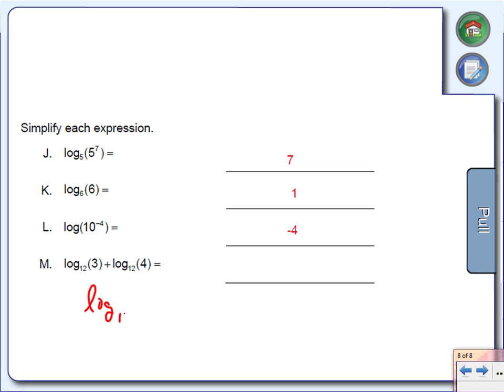And if I multiply that 3 and the 4, I'm going to get a 12. Right? So this right here is the same thing as log base 12 of 12. What do you notice about the base and the argument? They're the same. And what do we know if they're the same? We keep the exponent. And that exponent is a 1. So the answer there should be 1. All right, so that takes us through our notes.